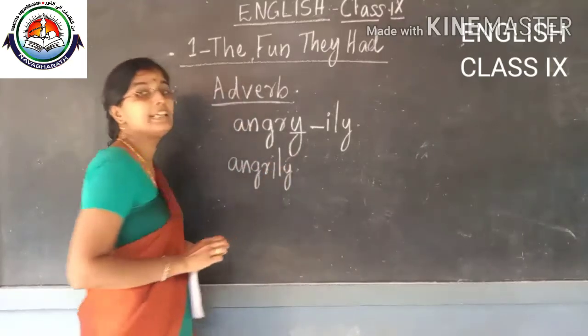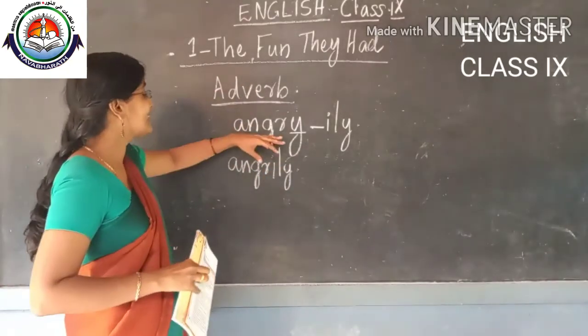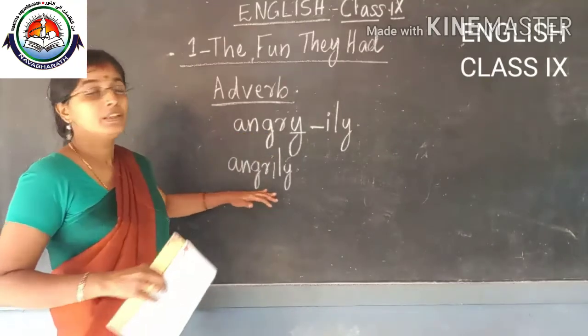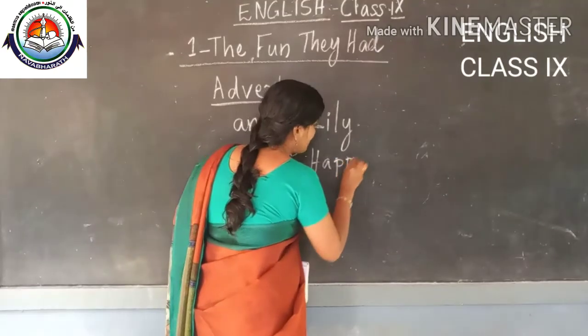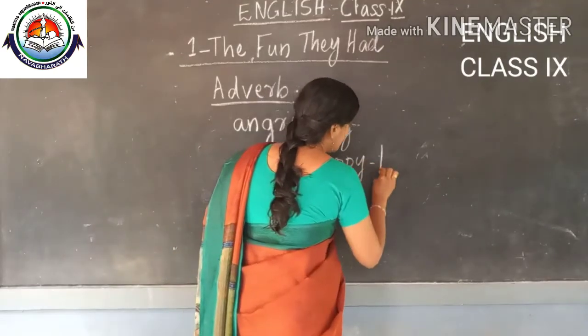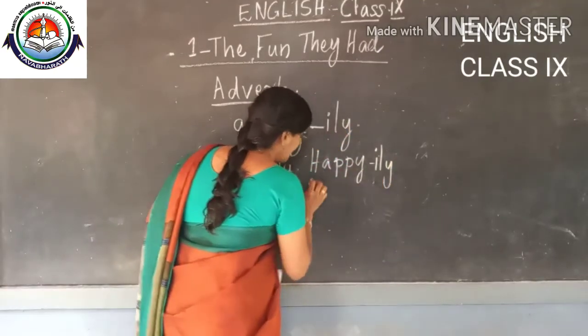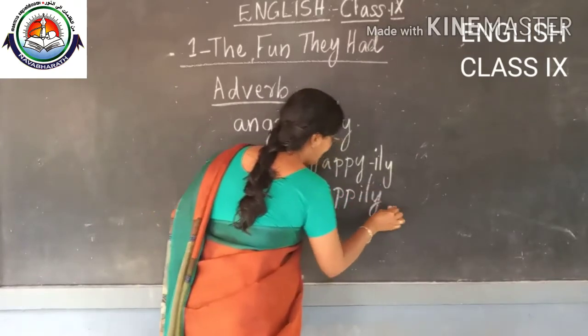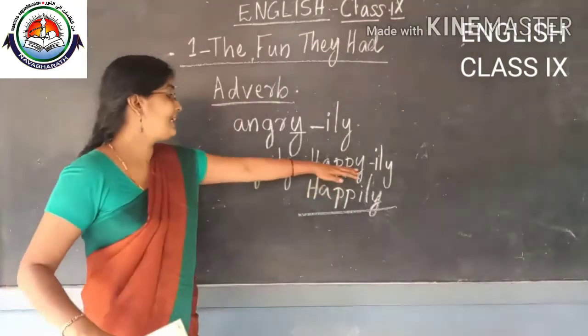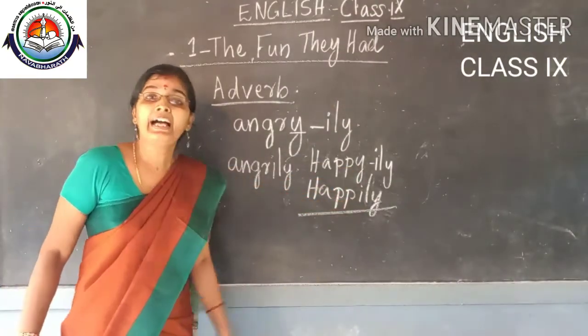A-N-G-R-I-L-Y, angrily. This is an adjective and this is an adverb. The same way, happy. H-A-P-P-Y. Here, I-L-Y, H-A-P-P-I-L-Y, happily. This is an adjective and this is an adverb.